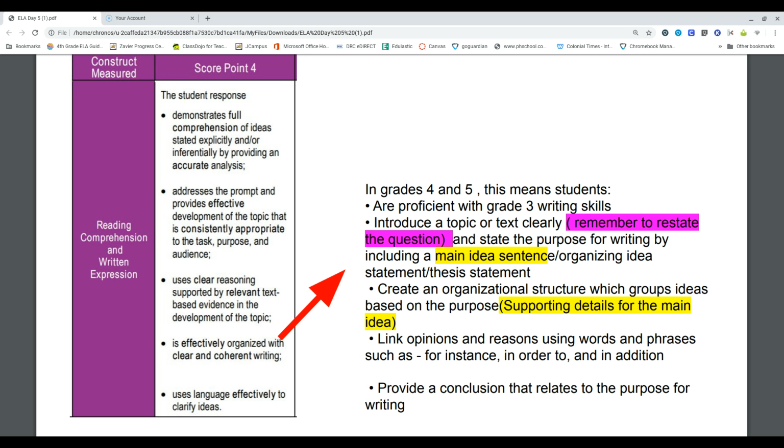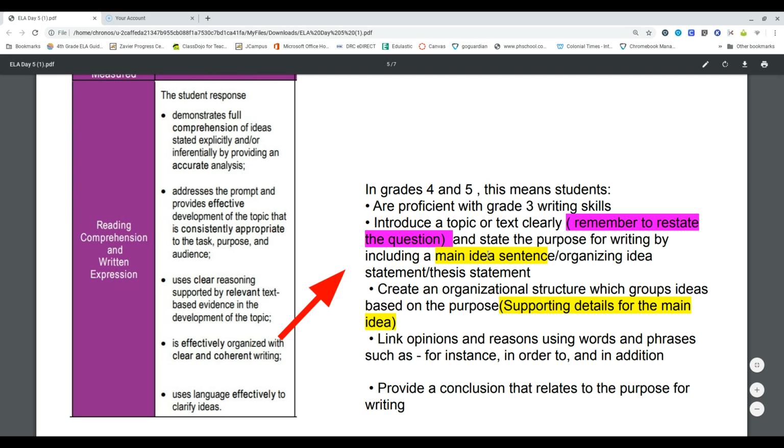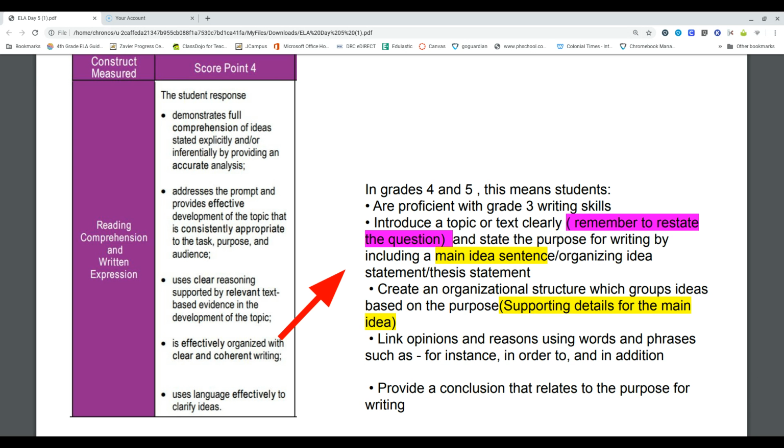Maybe you switched up the sentences, but it should still be mentioning that main idea and topic to close off and finish your writing. To make sure your writing is organized, start by restating that question into sentence form. Now that you know the topic, you should know what part of the topic you're writing about. That's your main idea. Then build the rest of that paragraph with supporting details for the main idea.